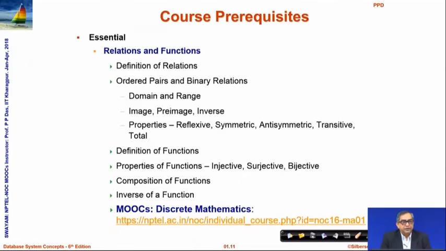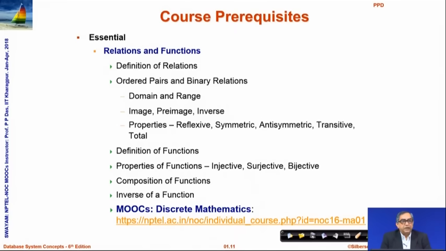So, there are concepts of the image of a domain, the pre-image of the range, the inverse relation, and several basic properties of relations, like a relation being reflexive, symmetric, antisymmetric, transitive, total relations, and so on. You should be familiar with these, otherwise you will find it difficult to follow major concepts in database systems, because the database system, primarily the one that we are going to take you through in this course, is relational in model.